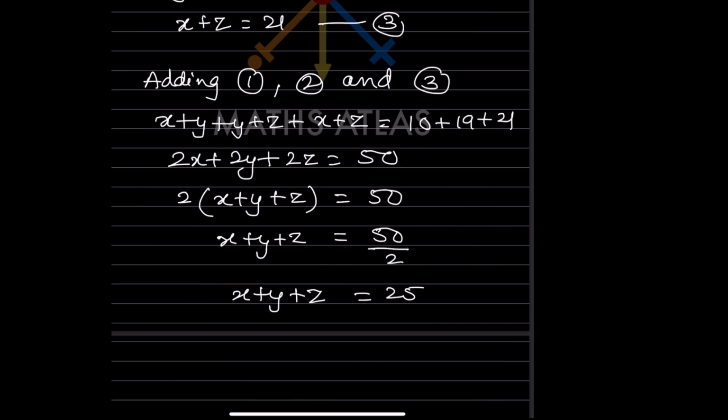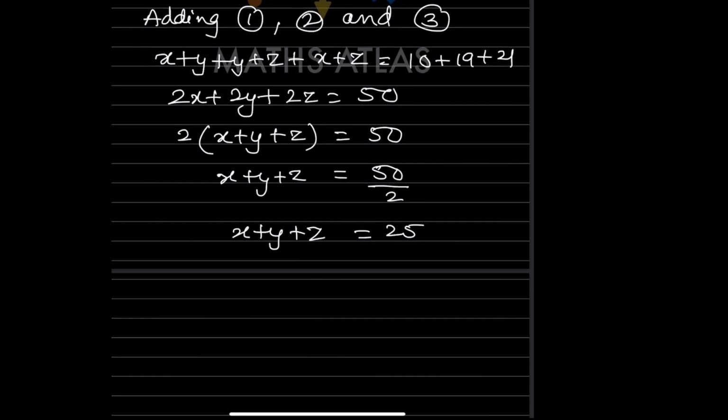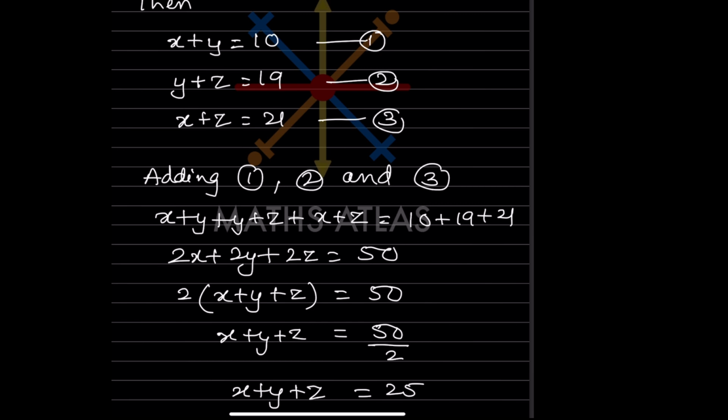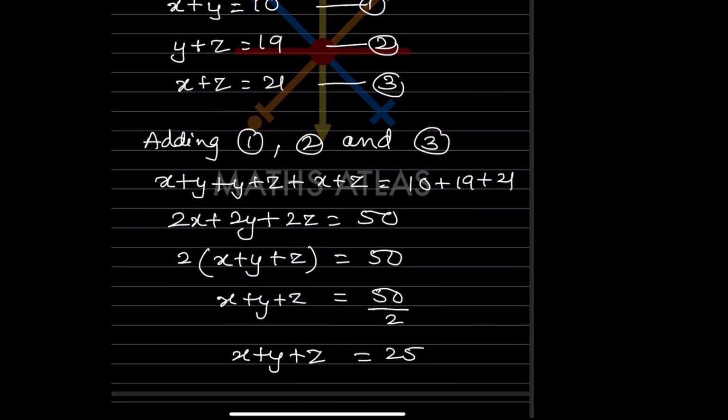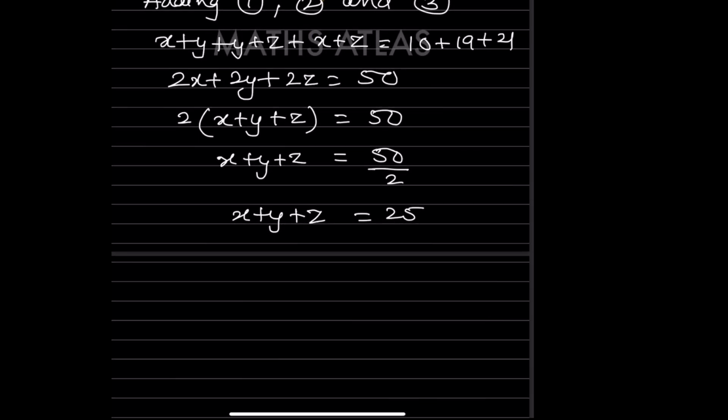Now we got x plus y plus z, but they have asked for the numbers, that means the values of x, y and z. So what will we do here? We know these three pairs are given. Let us take the first one: x plus, now you know the value of y plus z.